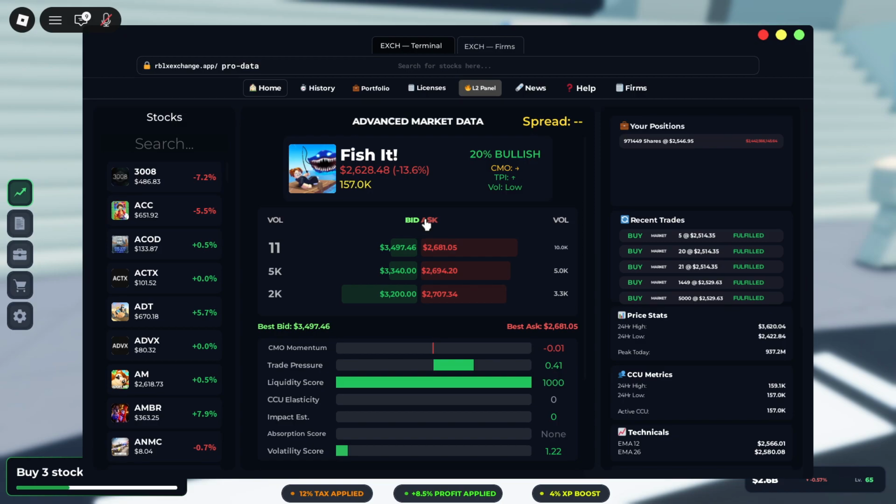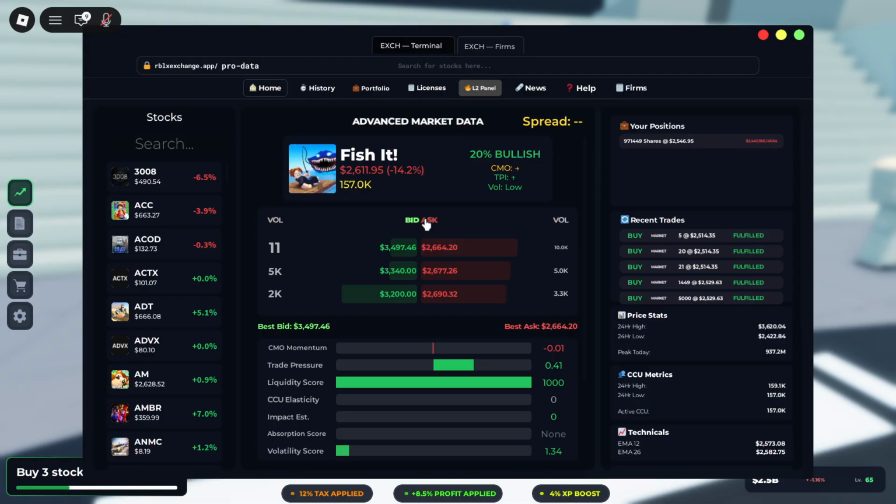When the impact is low, it's better: your order won't move the price as much. When the impact is higher, that's worse. You're paying extra by placing the order, meaning that when you put it in, the price is most likely to go against you, or go down. The price shifts against you before you're actually making a profit.